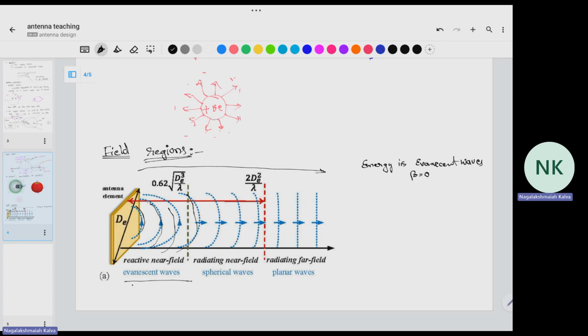No propagation in the sense it is having storage. So in this region, the reactive near field region will have only storage. That is why this is reactive. After this, 0.62 times square root of D cubed by lambda, after this much distance, this is the radiating near field. Here we'll get radiation, meaning we'll have propagation. Beta is not equal to 0.